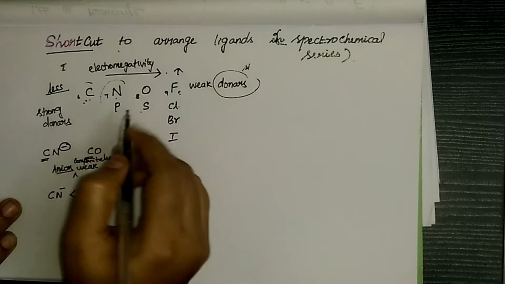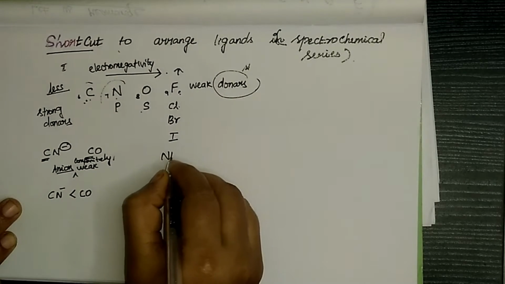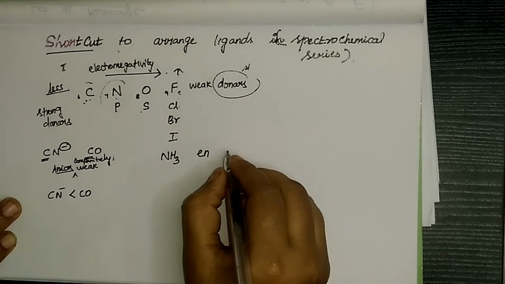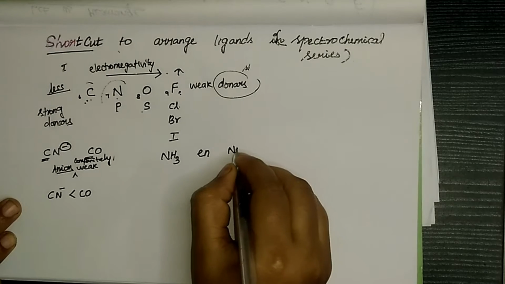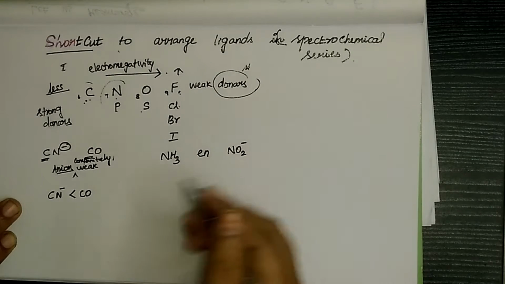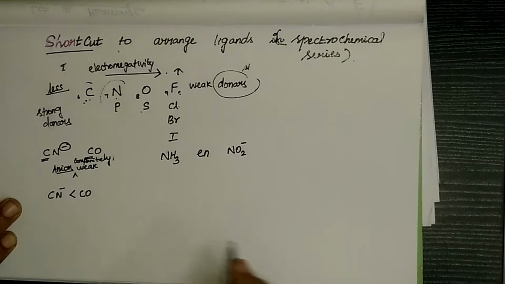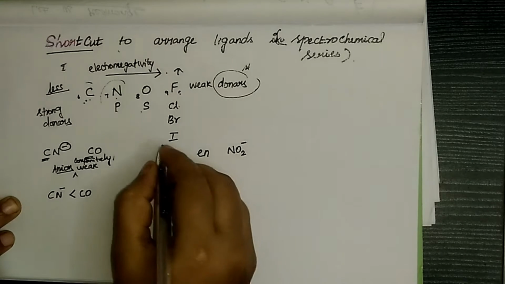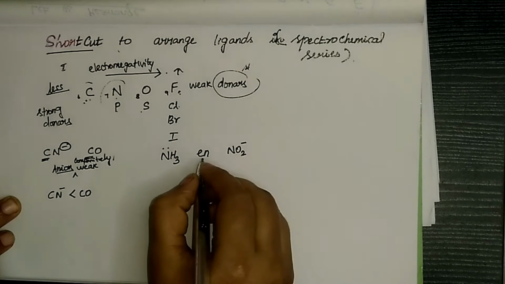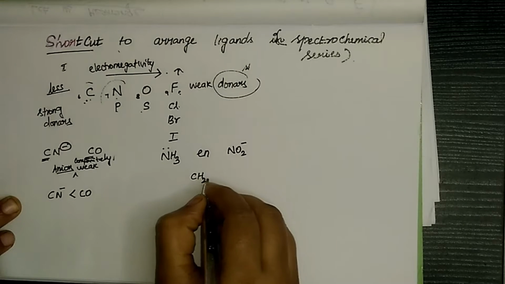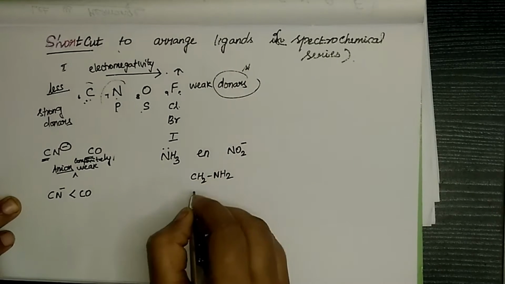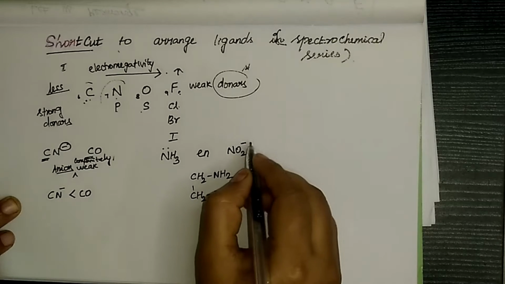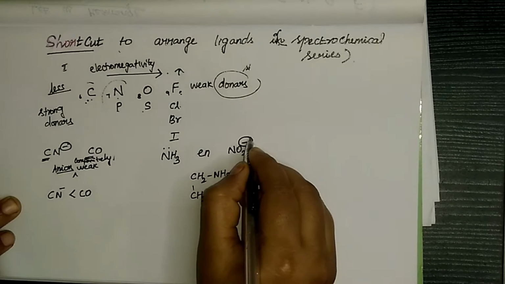If you have nitrogen, say for example, NH3, ethylene diamine, and then you have NO2 minus. In NH3 and ethylene diamine, you have lone pairs of electrons. And in NO2 minus, you have an anion.